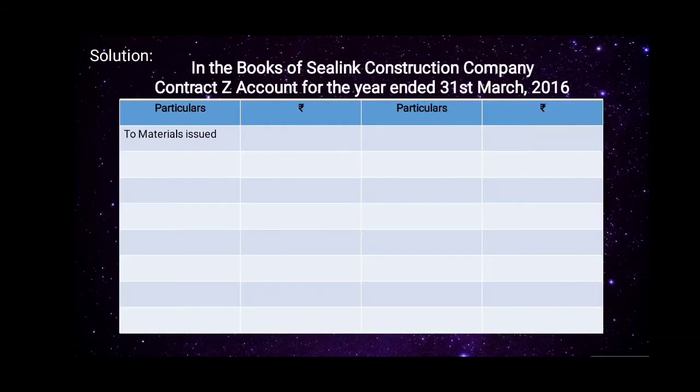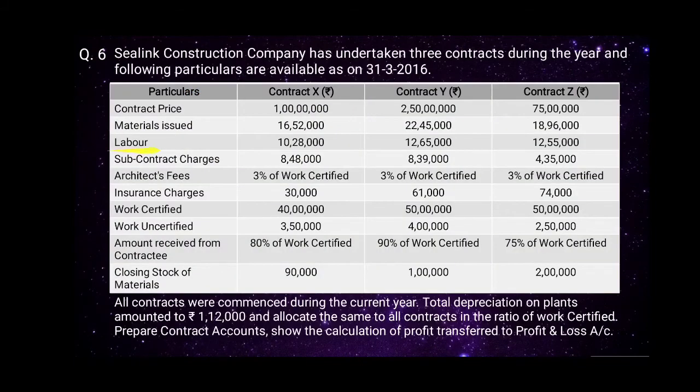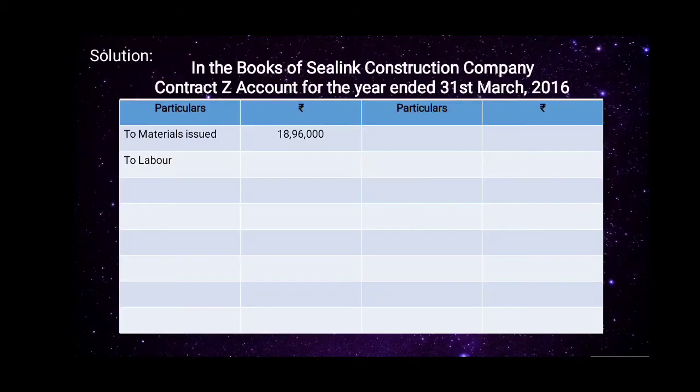So we'll record it on the debit side of contract Z account. To materials issued, amount is 18,96,000. Next, labor. For contract Z, amount is given as 12,55,000. To labor, amount is 12,55,000.